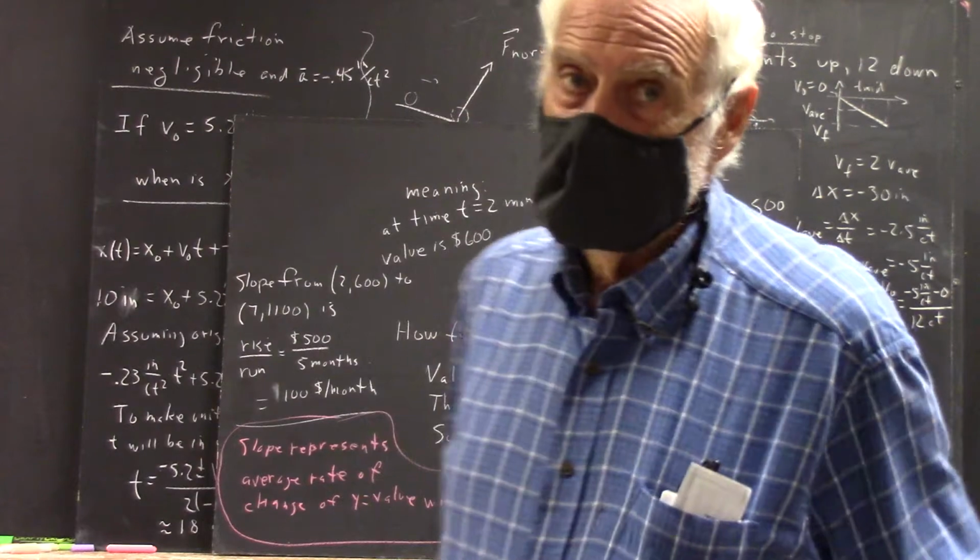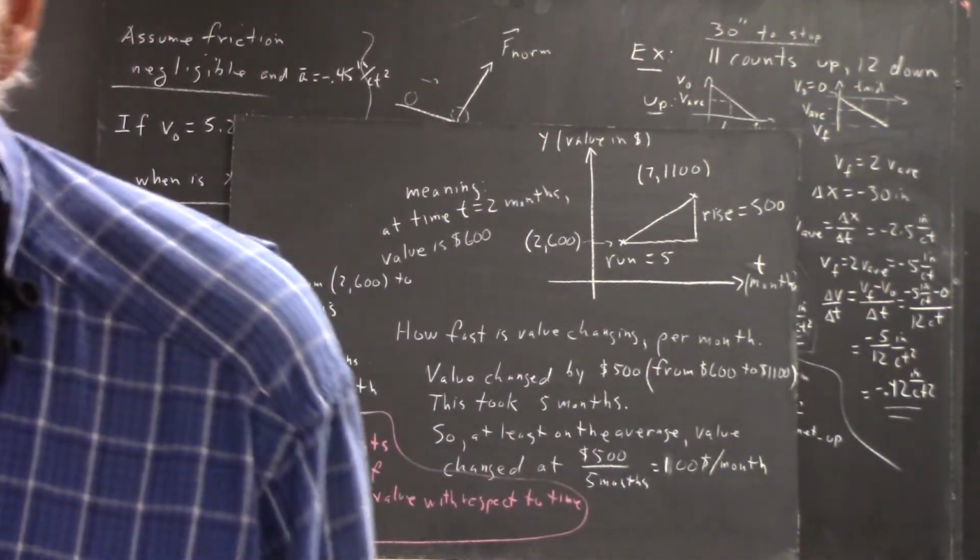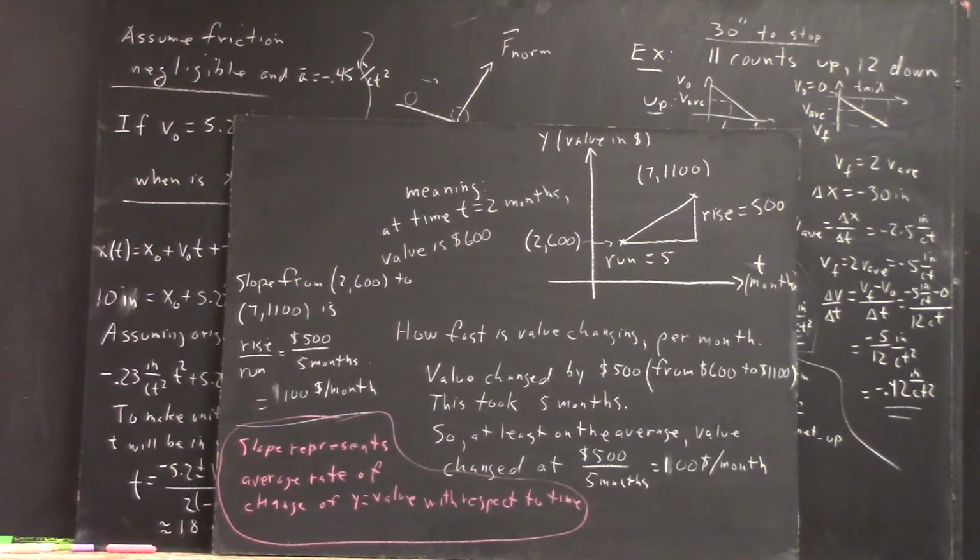Now if it's something besides value and time, let's say I'm tracking my weight. If my weight goes from 170 pounds to 160 pounds in 5 months, between, let's say, February and whatever is 5 months after February, is that June or July? That'd be July, right? Then you could do the same thing.